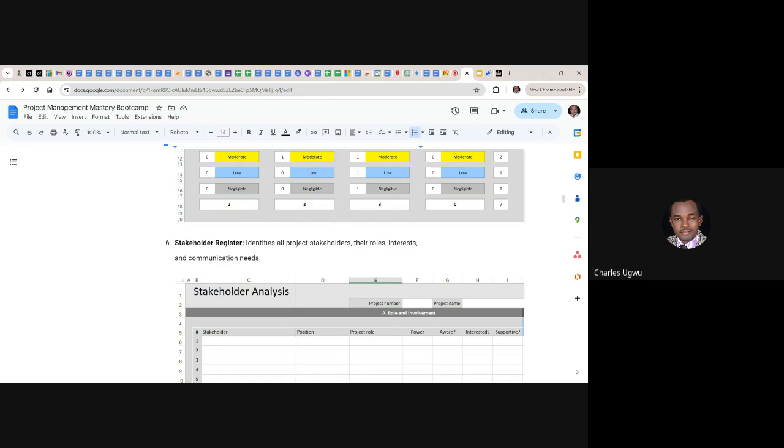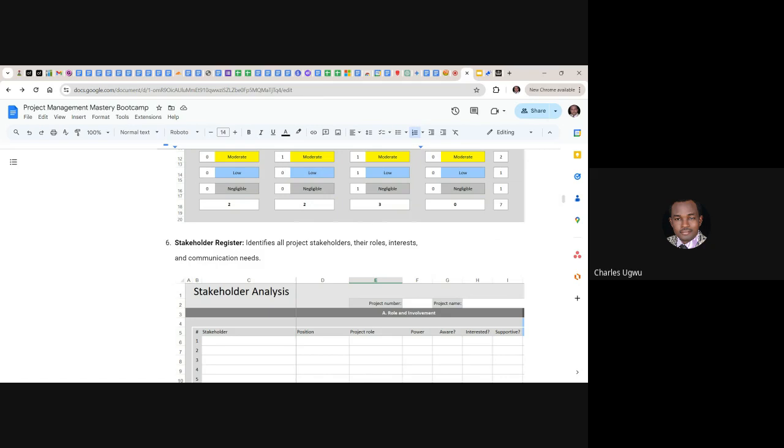There are different types of stakeholders, but you need to identify the stakeholders before you start understanding where they belong. We have external stakeholders, we have internal stakeholders, but it doesn't end there. Whether external or internal, they can become influential.